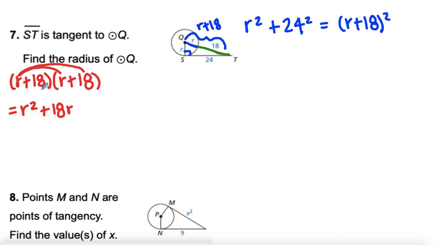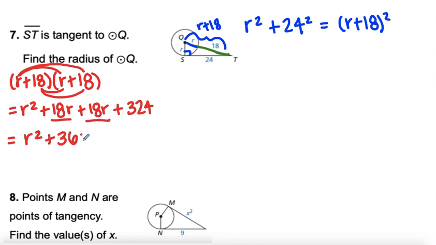And then now I need to distribute this 18. So 18 times R, I get 18R. And then 18 times 18, I get 324. And so simplifying this out, I can combine my middle terms and I get R squared plus 36R plus 324.